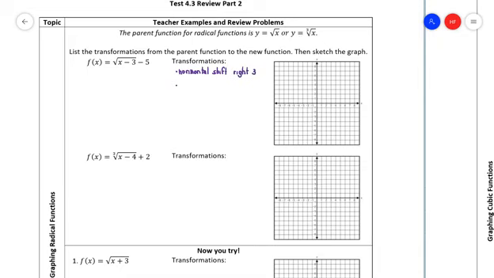Then on the outside, the minus 5, we're going to take it as it is, and it's going to be a vertical shift down 5 units. So I'm going to graph the parent function for the square root of x.